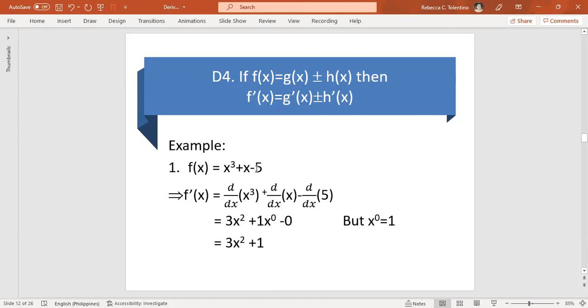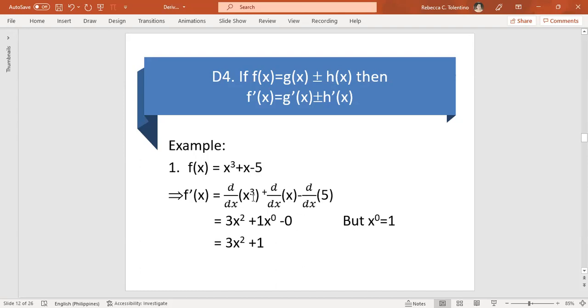You get the derivative of f of x by differentiating each term. First you get the derivative of x cubed, you retain the sign, so plus the derivative of the second term, which is x, minus the derivative of the last term.